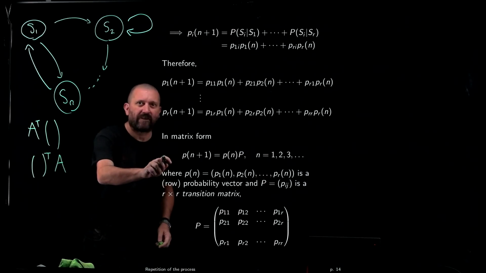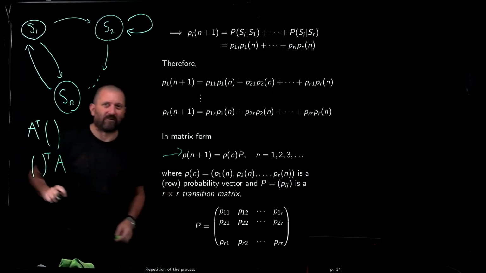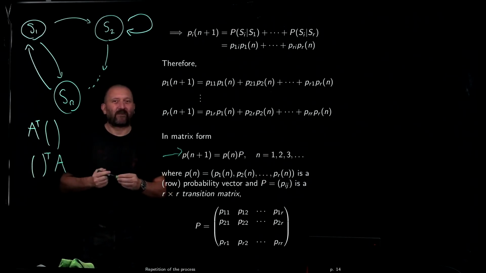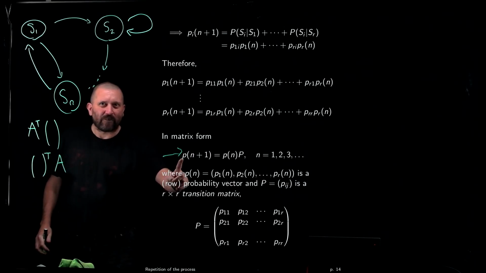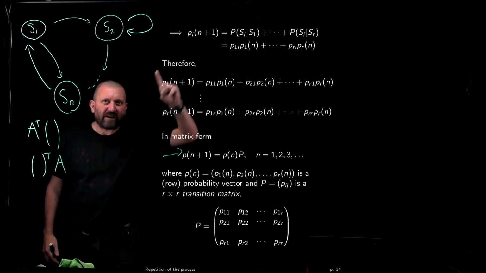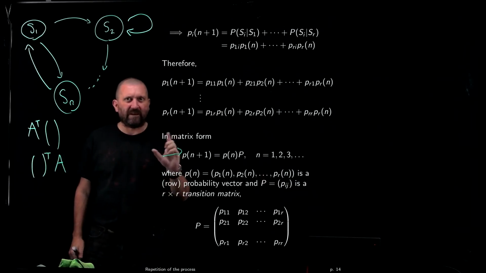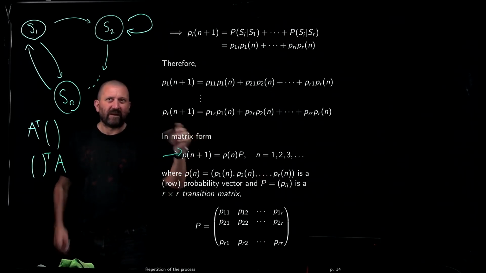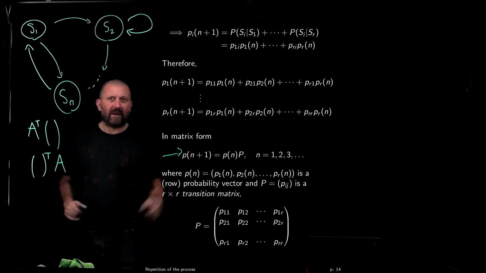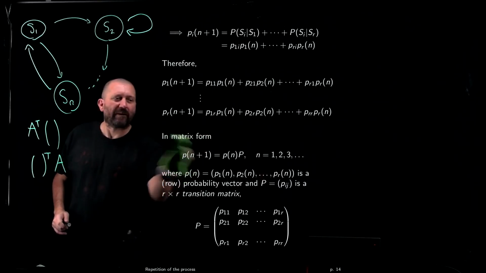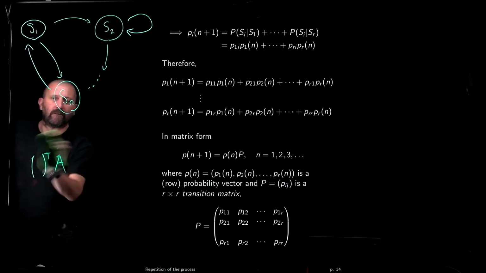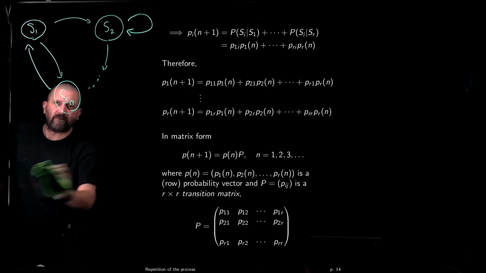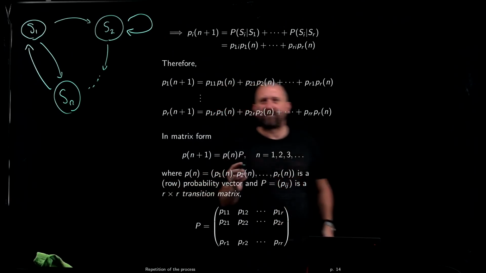So in this vector here, we're therefore going to assume that the vector of probabilities to be in a state, so P1 of n, P2 of n, etc., is a row vector, and that we're left multiplying the matrix P, the transition matrix.